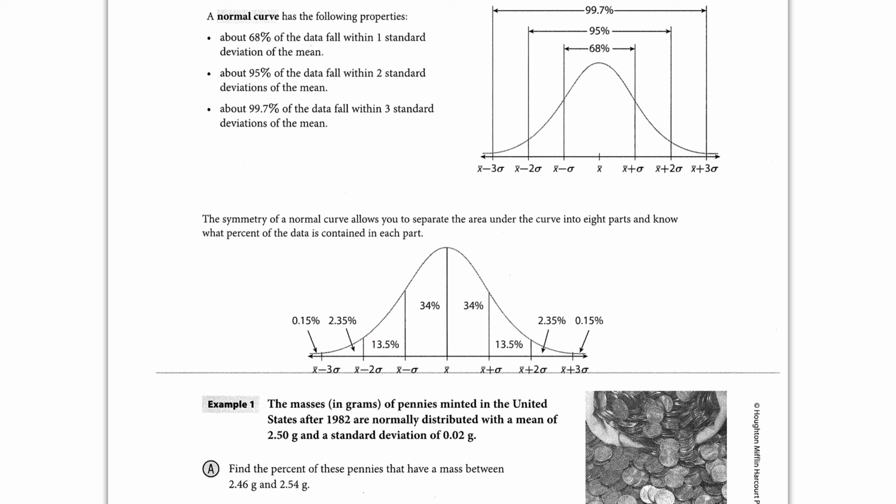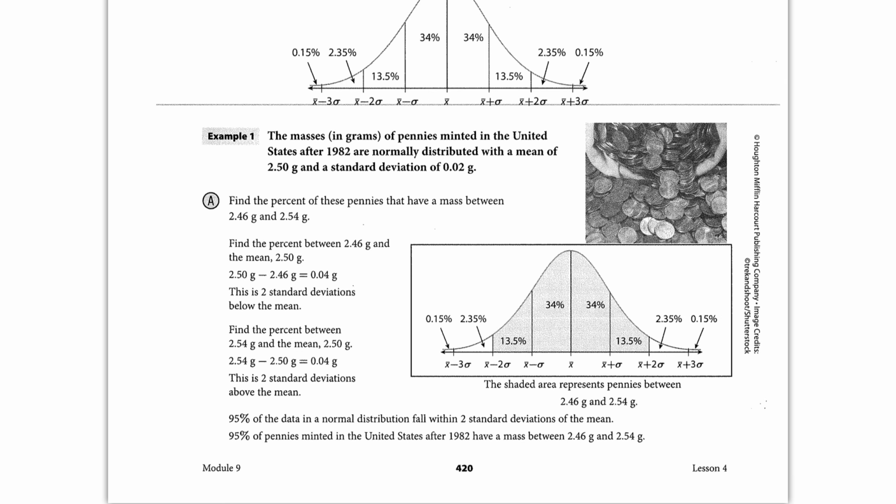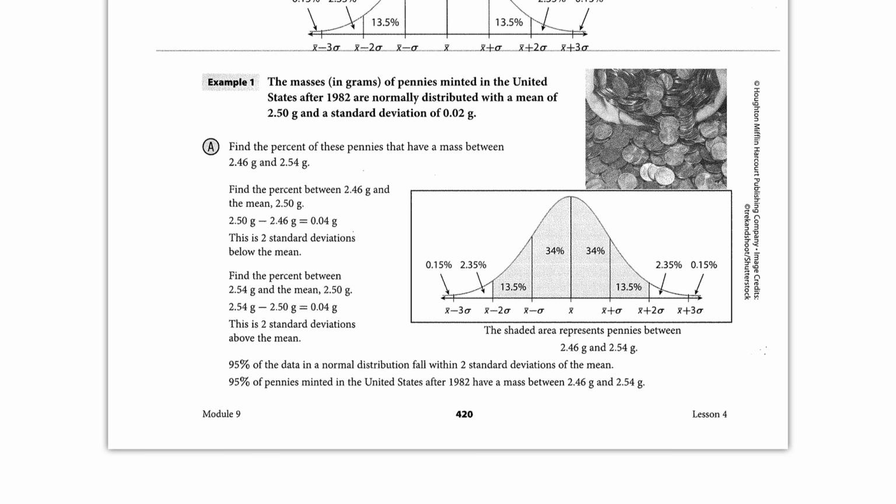Example 1. The mass in grams of pennies minted in the United States after 1982 are normally distributed with a mean of 2.5 grams and a standard deviation of 0.02 grams. Find the percent of these pennies that have a mass between 2.46 and 2.54. Find the percent between 2.46 grams and the mean 2.5 grams.